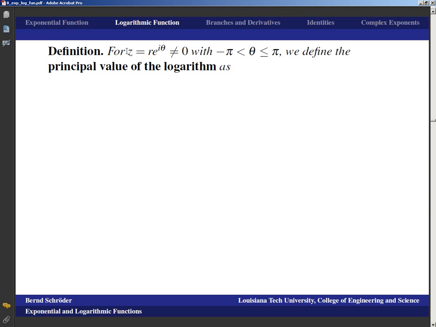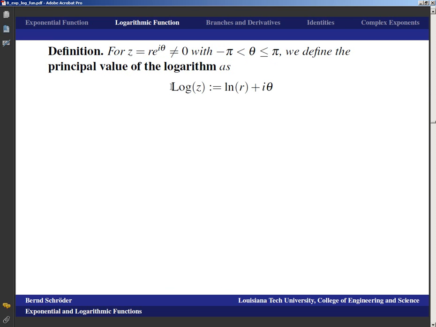In order to do that, we take a standard representation of z equals r e to the i theta, namely the representation where theta is between negative pi exclusively and pi inclusively, and we define the principal value of the logarithm as capital Log of z being ln r plus i theta.